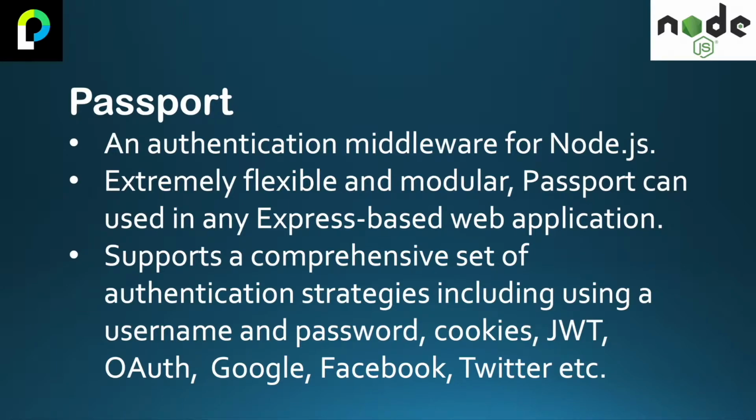As a user, you might get login with Google, login with Facebook, login with Twitter. You might get a login based on a form, username and password, and the underlying mechanisms could be cookies, JWT, OAuth. All these strategies are supported by Passport, which is why it is a very popular, highly used, and recommended authentication middleware for Node.js.